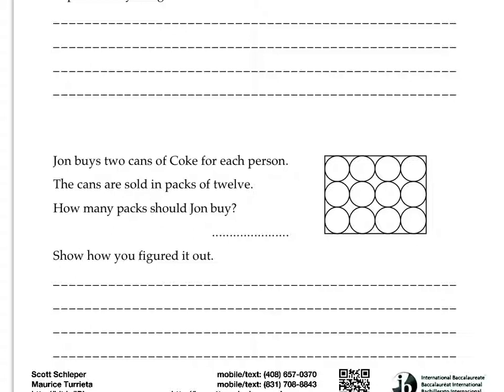Then you need to consider that you're buying 2 cans of soda for each one. That's how many cans you should have. But you can only buy cans in packs of 12. So you have to think how many packs of 12 you're going to need so that each person has 2 cans of Coke. Then you're going to have to show your calculations here on how you figured that out.